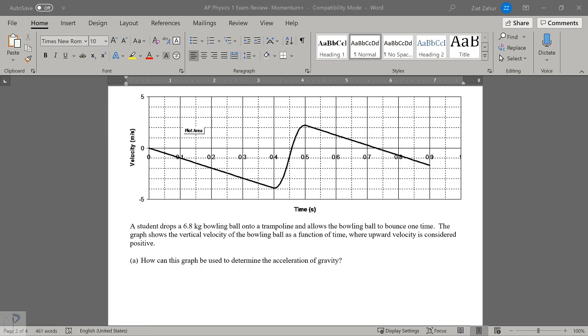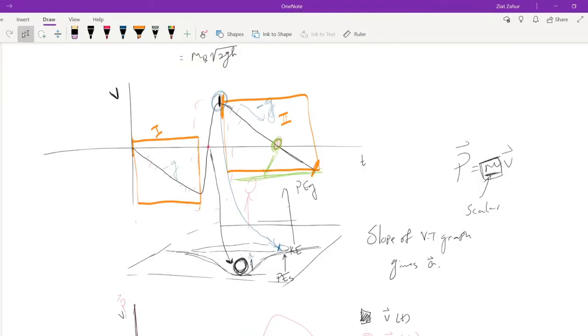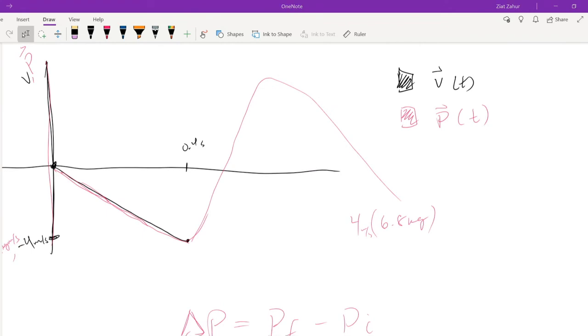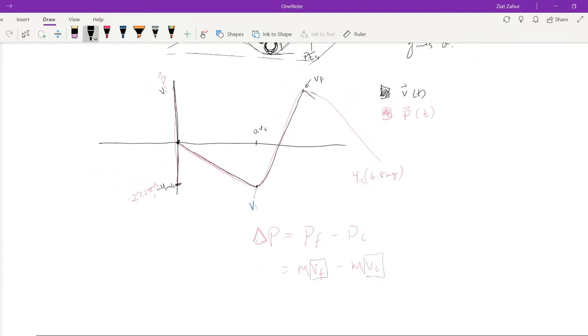Based on that, we will be able to figure out what the initial velocity is, and if I follow the black line, what the final velocity is. If I wanted, the impact force is just delta P over delta T.